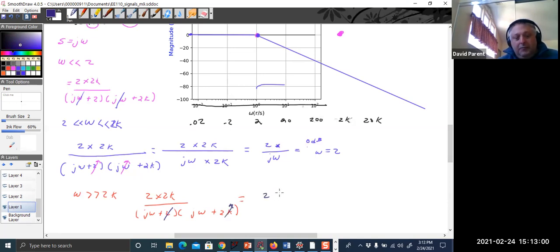And we get 2 times 2k over j omega times j omega. And so this is going to have a minus 40 dB per decade slope. And where's our 2K?